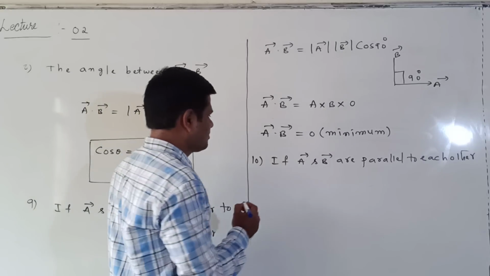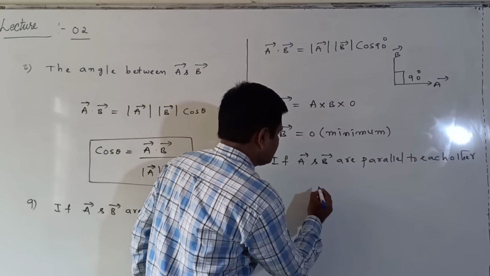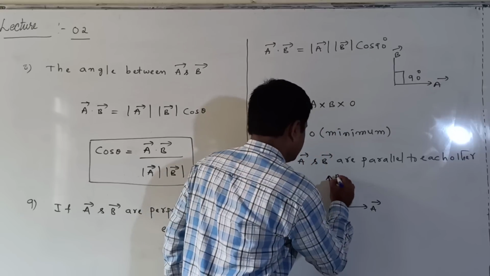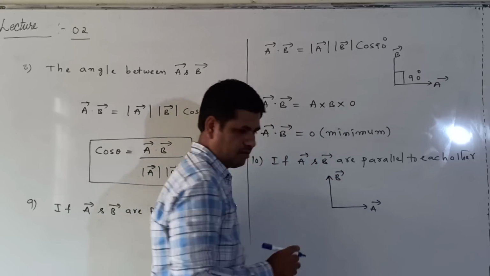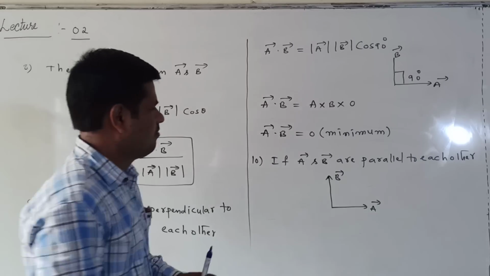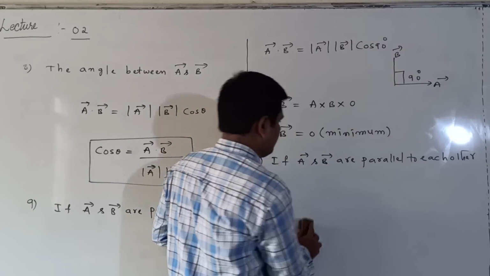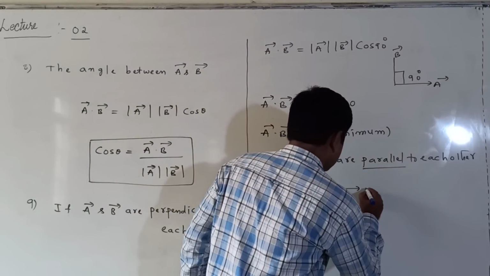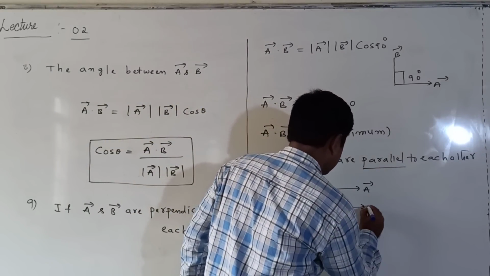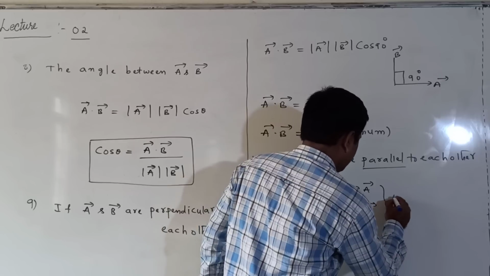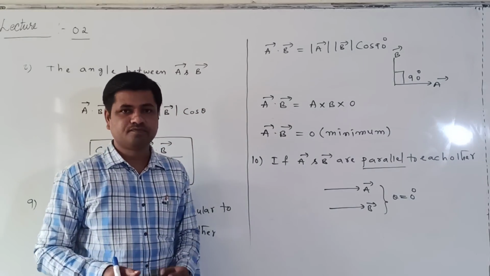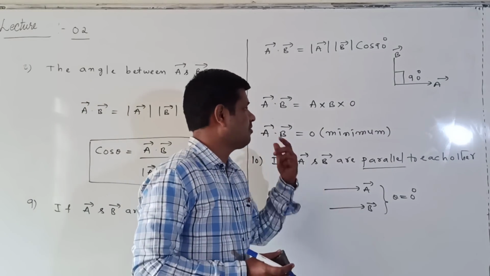Parallel to each other means this is considered as A bar, this is considered as B bar, and the angle between these two, theta, is how many degrees? 0 degrees, because these two are parallel to each other.